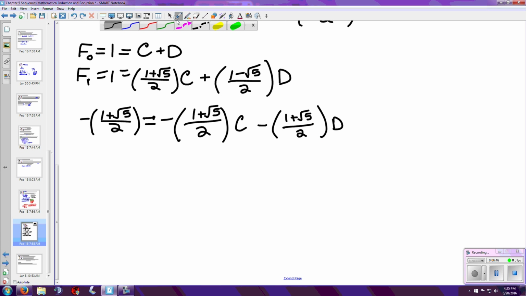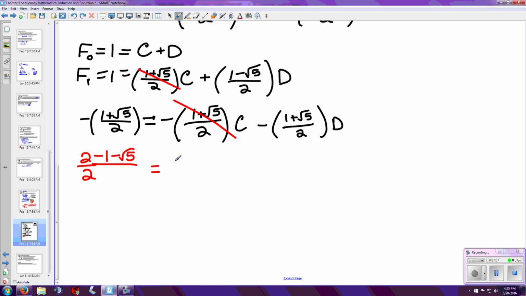Start canceling out what we can here. This cancels, this cancels. So we have 1 minus this thing. So that's 2 over 2 minus, distribute that negative, so we have all of this over 2 minus 1 minus square root 5, right, equals the c's went away.